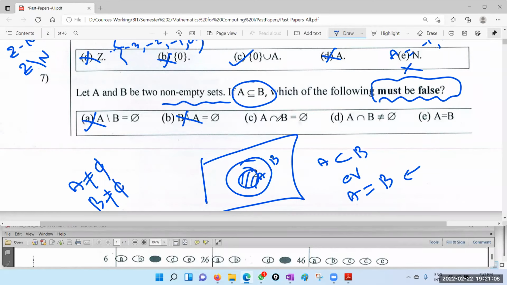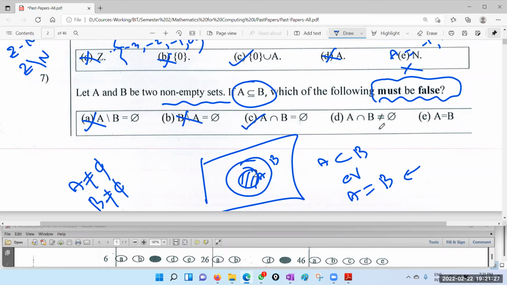No way, because A intersection B is actually A, and they say A is not equal to 5. So therefore, this must be false. This must be false because A intersection B is A when A is a subset of B, and they say A is not 5.